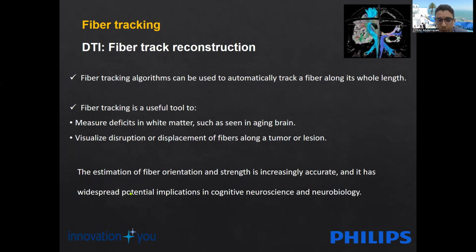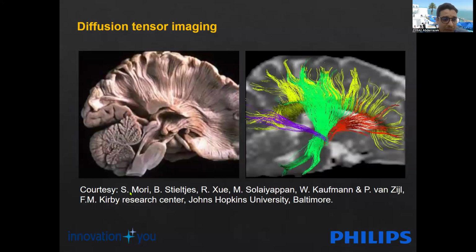The estimation of fiber orientation and strength is increasingly accurate, and it has widespread potential application in cognitive neuroscience and neurobiology. Here we can give an example of diffusion tensor imaging from Johns Hopkins University in Baltimore. Here we can see the real brain, and here is a reconstruction using diffusion tensor imaging.